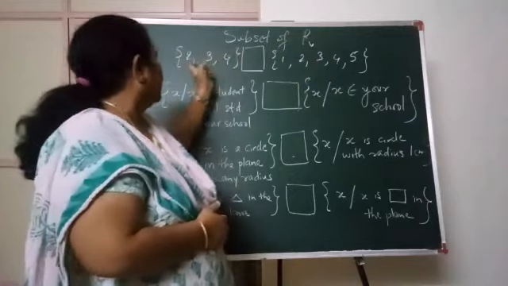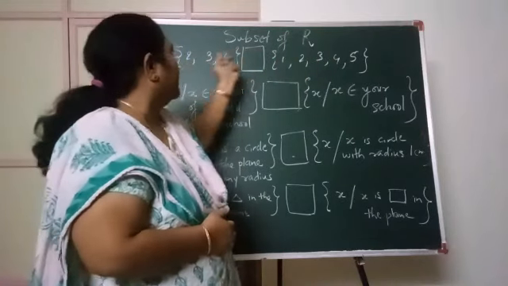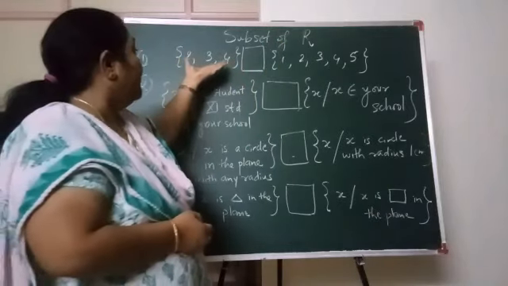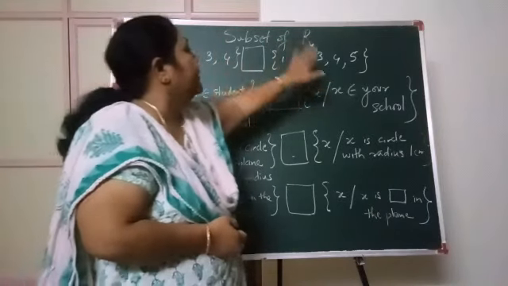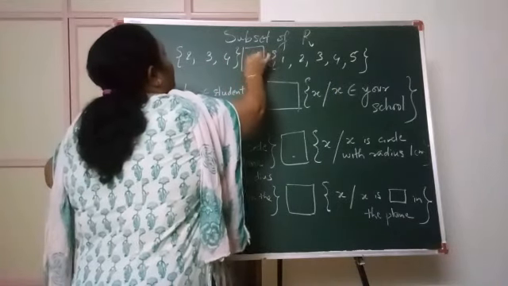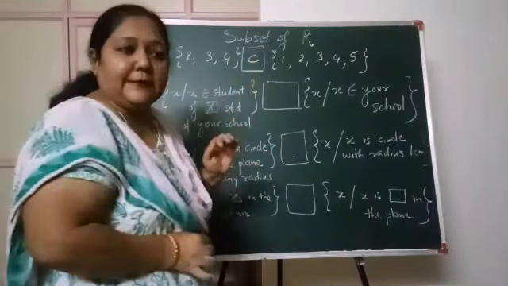Is it there? Check whether 2 is there. Yes. 3 is there. Yes. 4 is there. Yes. यानी कि every member of first set is present in the second set. So yes, it is a subset of the given set.